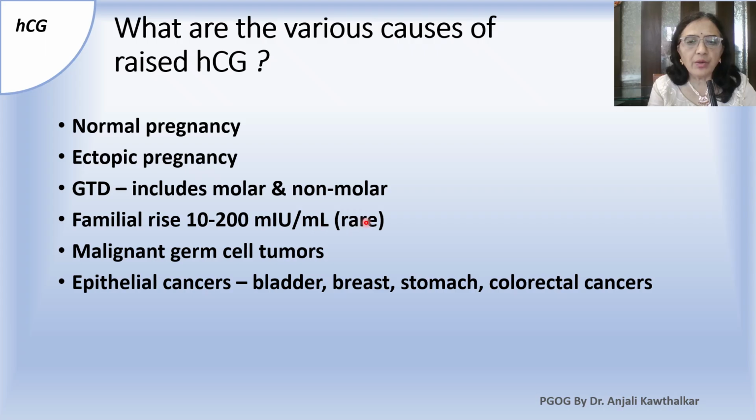Though it is rare, we have to keep in mind that without any reason some women have this increased HCG. They do have regular cycles and they do conceive in spite of that. Some malignant germ cell tumors produce HCG, and some epithelial cancers are associated with raised HCG, such as bladder, breast, stomach or colorectal cancers. So we have to keep all this in mind whenever we want to diagnose a case as gestational trophoblastic disease.